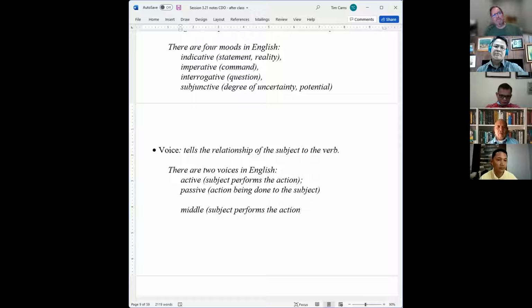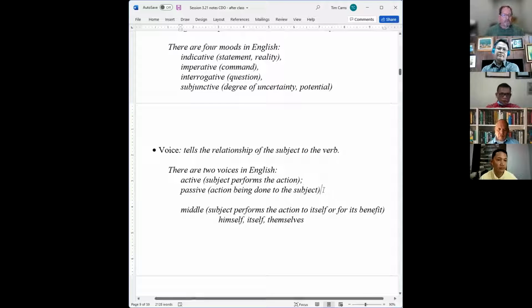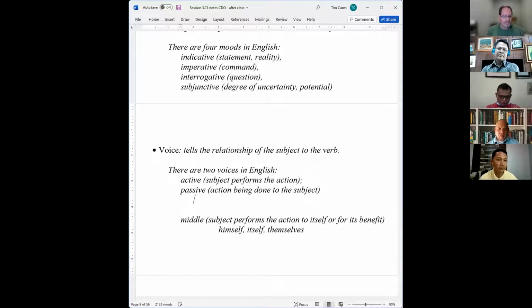But with the middle voice, the idea is also that he performs the action to itself or for its benefit. And so in English, that is often indicated by the word himself or itself or themselves. The passive voice is often indicated by a verb of being plus the verb.